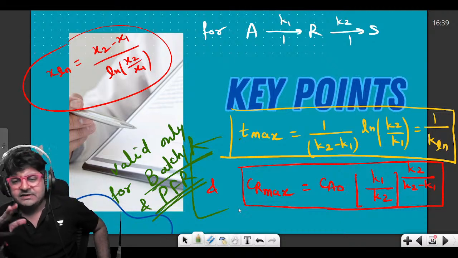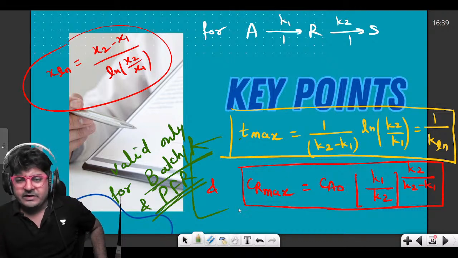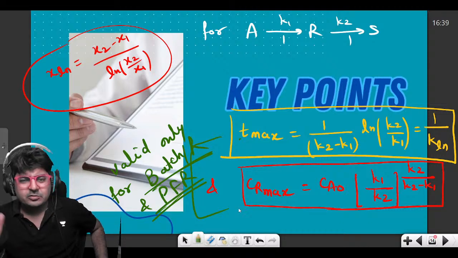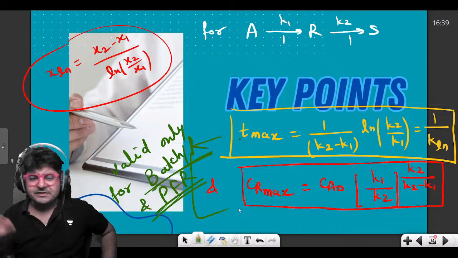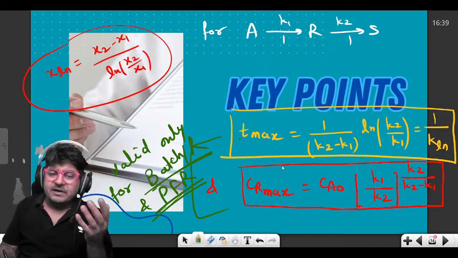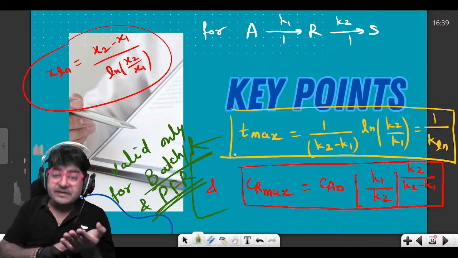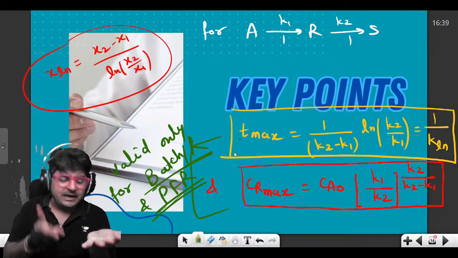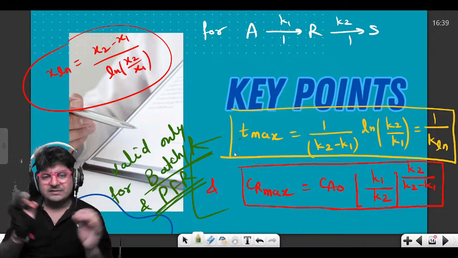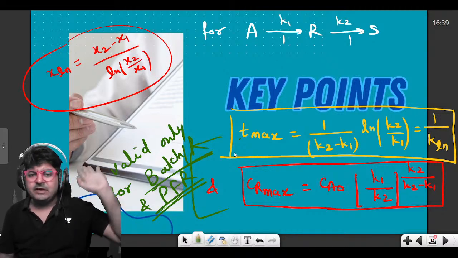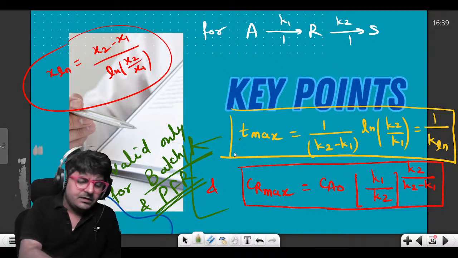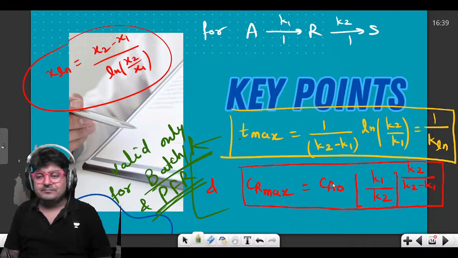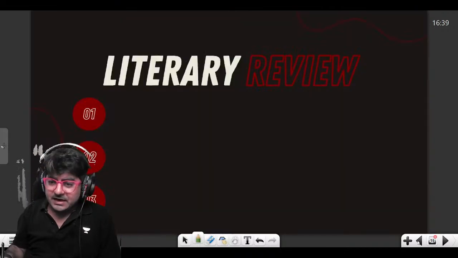When you try to rearrange and do the same process, you will get T max, tau max, CR max. Okay, for batch reactor it will be T max, for PFR it becomes tau max. That's it. Right? But why am I saying so? Because you know that for CVRS, the design equation of batch reactor, design equation of PFR and kinetic equations are analogous. That's why this is the same as that for batch reactor and PFR. For MFR it is different, so for MFR you will have to solve it. Okay, that also I will show you once.